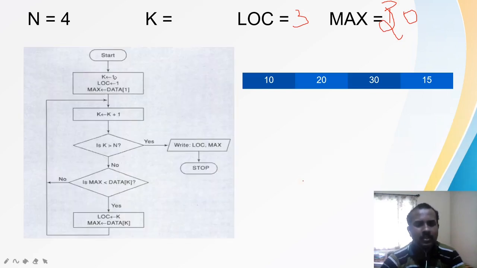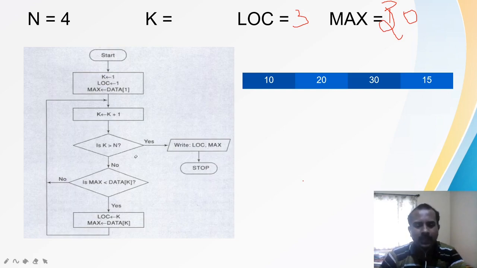Start. I am initializing the k value and location value to 1, and I am assuming that the maximum element is the first element. Afterwards I am going to increment the k value. Afterwards I am checking whether k is greater than n. If k is greater than n, then I am coming out and printing the location and the maximum value.